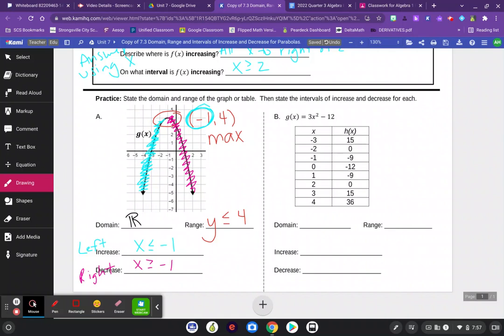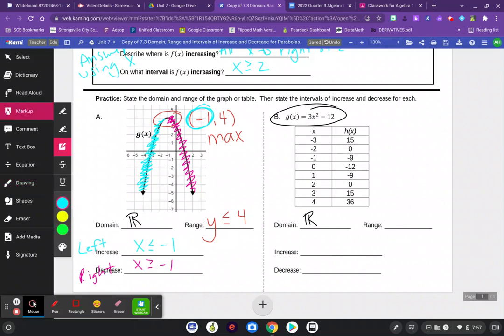Let's take a look at this table. This table is interesting. We worked with tables in the previous lesson. Again, as a reminder, the easy answer for the domain of a quadratic function is all real numbers. We talked in the previous lesson about identifying the vertex, and it looks to me like we have a vertex right here at (0, -12).